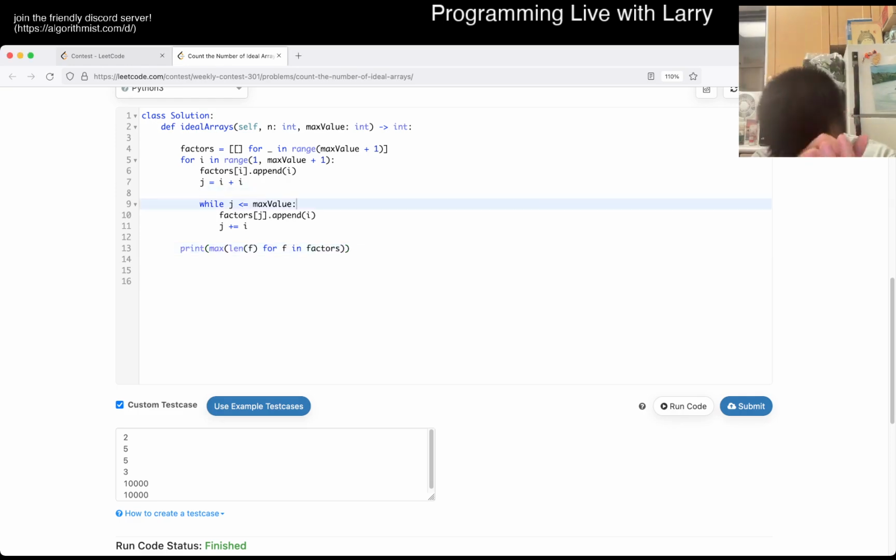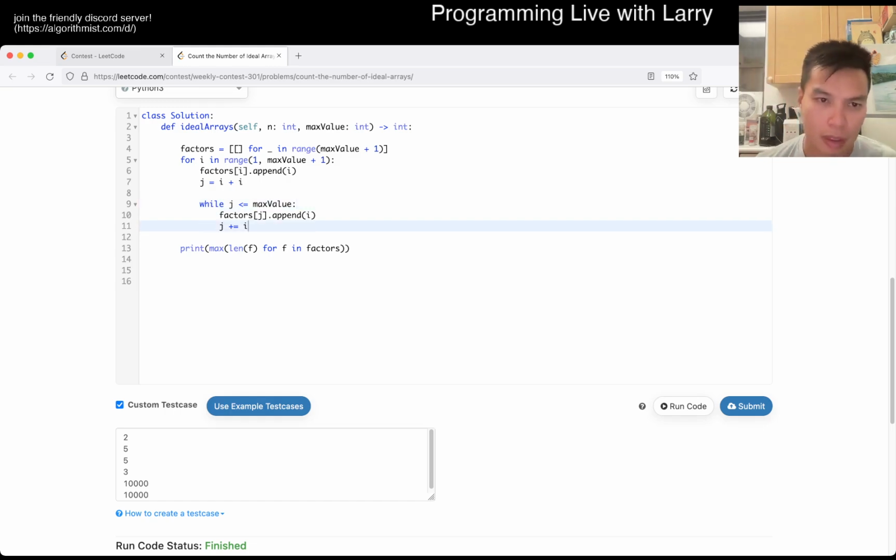Yeah, okay. Give me a second, let me think about this. So basically, for a given number, what does that mean, right?